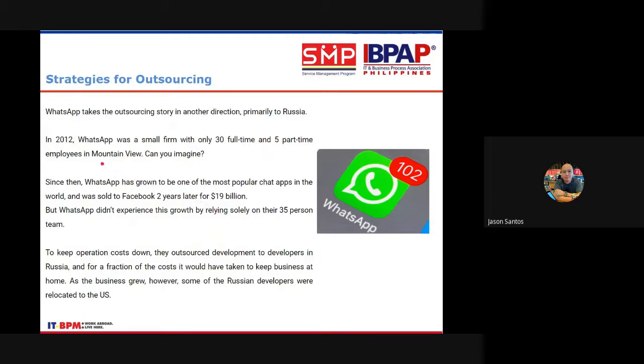So in 2012, WhatsApp was a small firm with only 30 full-time and 5 part-time employees in Mountain View. Can you imagine, it's just a very small team of 35 people, okay? But since then, WhatsApp has grown to be one of the most popular chat apps in the world.